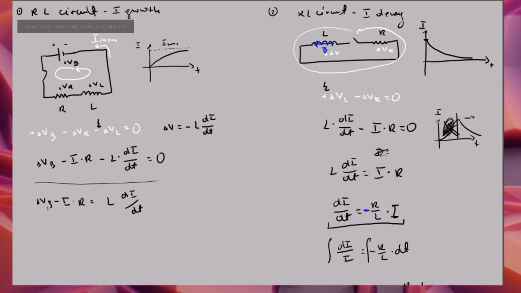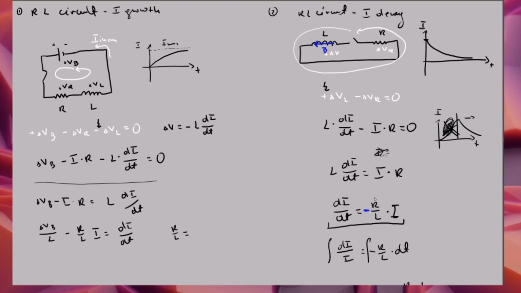And so, let's divide both sides by L first. So what I'm going to have is delta V B over L minus R over L I equals di dt, and I'll do it because this R over L fraction shows up also on the other side.